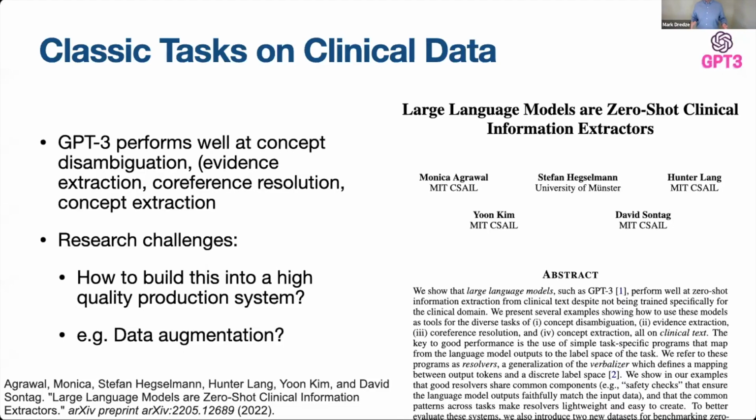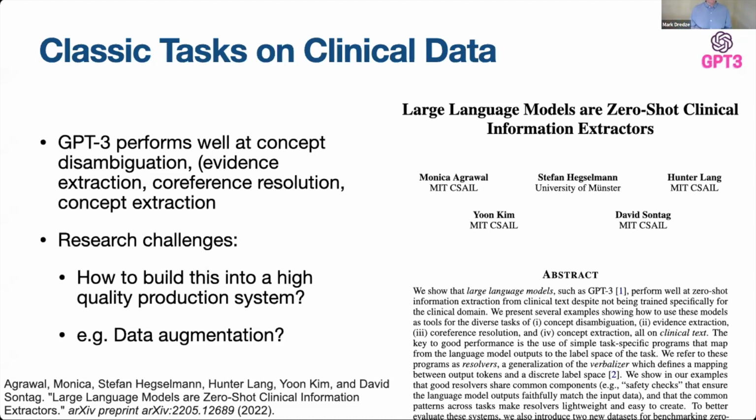One thing is to do things that we've been doing for a long time with clinical data, but do them in a faster, easier, better way, right? There are a lot of tasks that hospital systems do on their data to try and organize it, secondary use, for example. And this is basically a series of extraction tasks. So, does this medical record talk about certain drugs, certain topics, certain diagnoses?